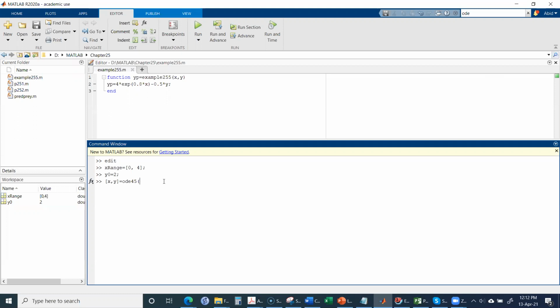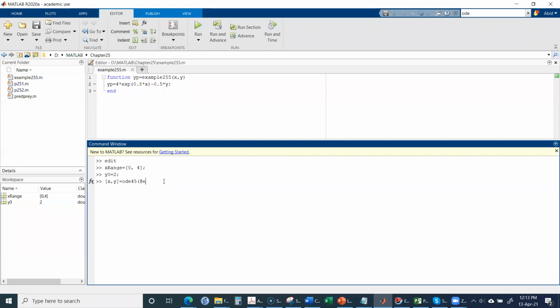Okay. So for ODE45, the format is we will start from the at sign, and then here you will put the function name.